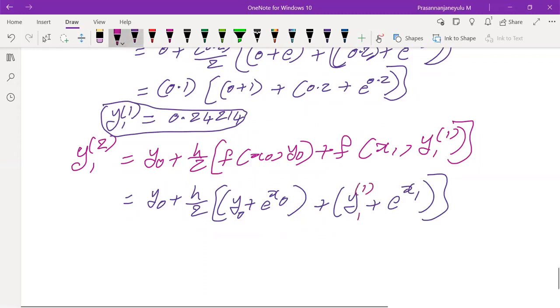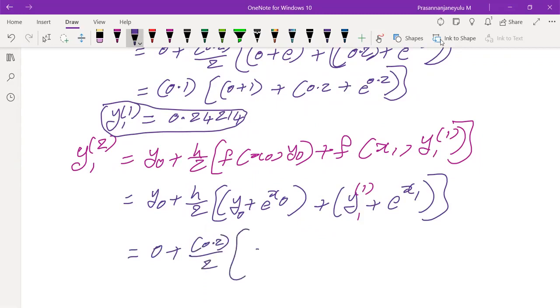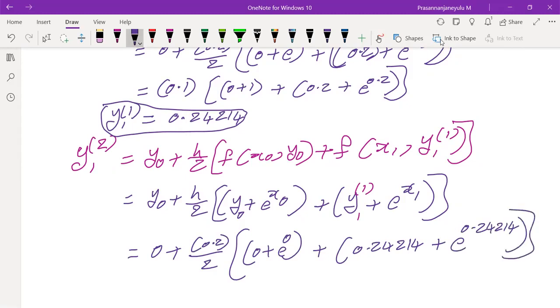So substitute the values of all the things here. y0 is 0 plus h value is 0.2 by 2 into y0 value is 0 plus e power x0 value is 0, plus the first approximation of y1 is 0.24214. You can take up to 4 decimal places, no problem at all, plus e power 0.24214, but here I am taking 5 decimal places.